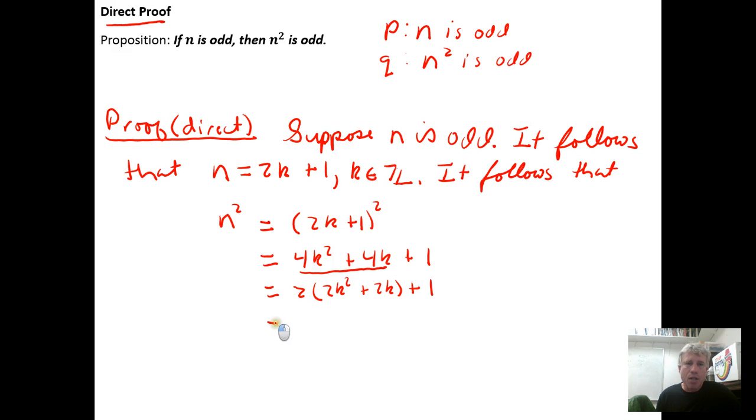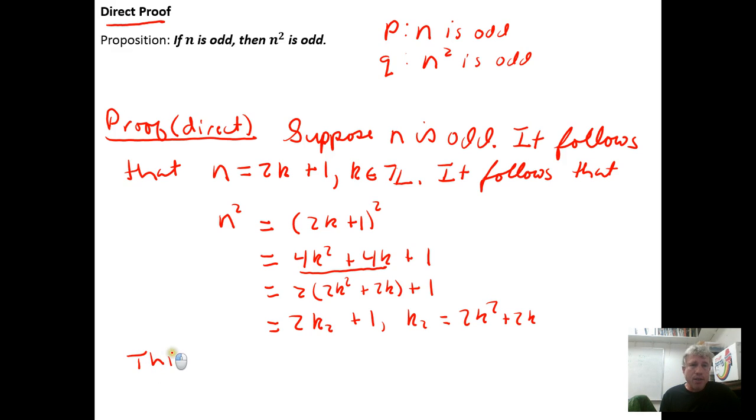So I'm going to say equals 2 times some integer k sub 2 plus 1, where k sub 2 is just the 2k squared plus 2k stuff that's an integer. So this form, 2k sub 2 plus 1, is the form that an odd integer would have. So now I'm going to conclude that n squared is an odd integer because its remainder is 1 after division by 2.